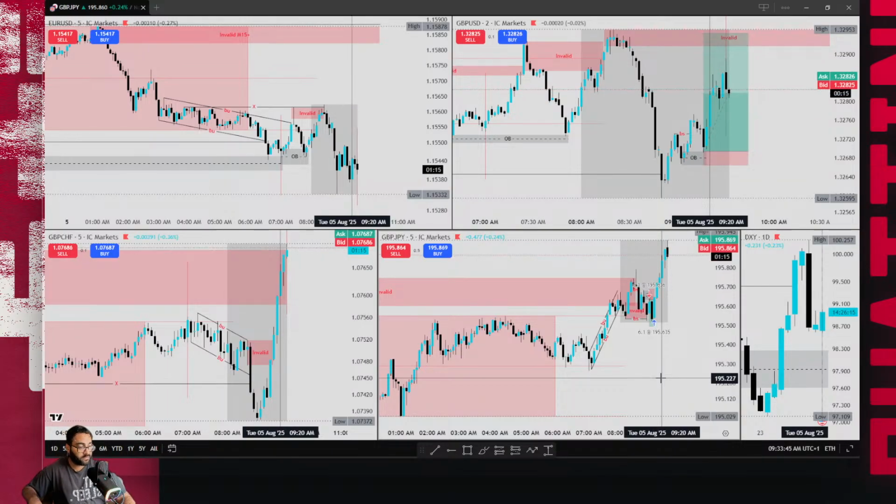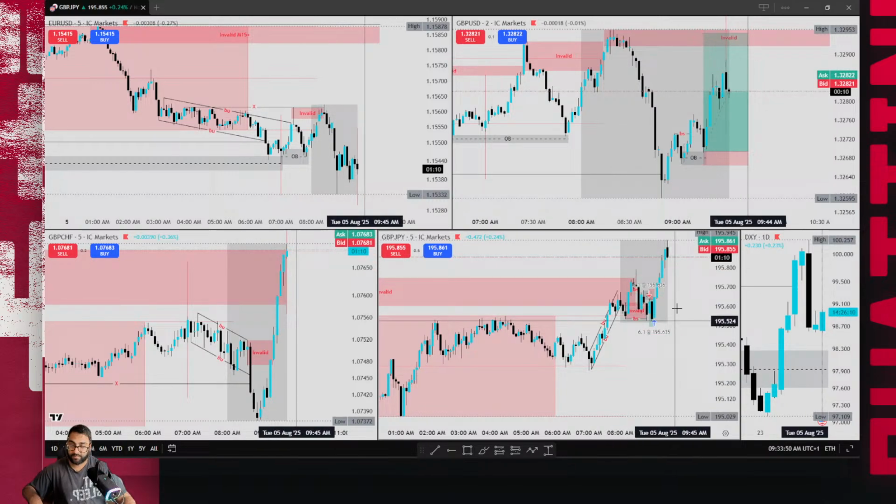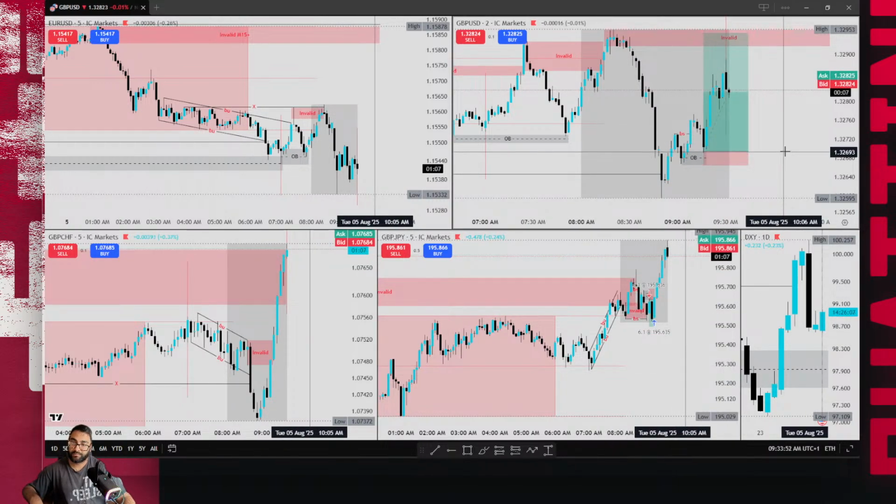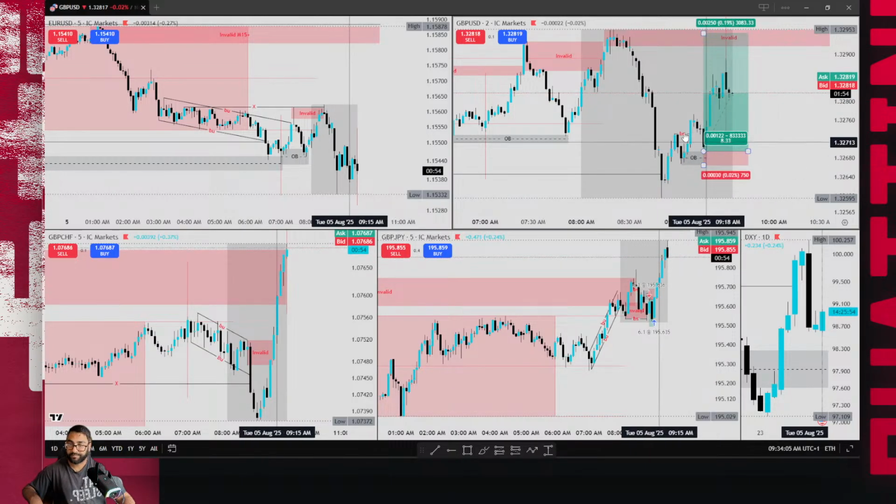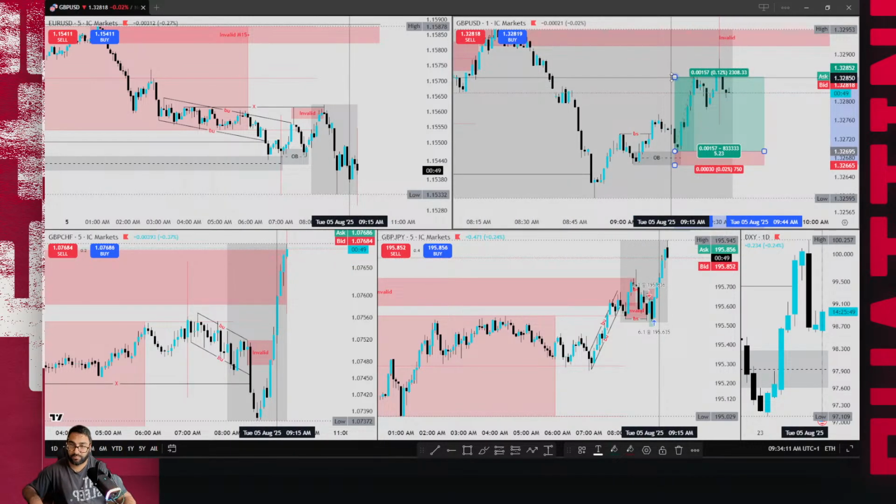Can't take a trade 5 minutes before or after news, so I'm gonna have to wait. Could have taken out 5.3, or that would have been valid actually.